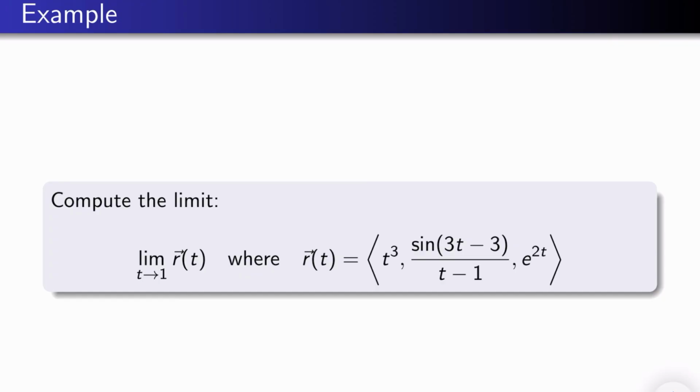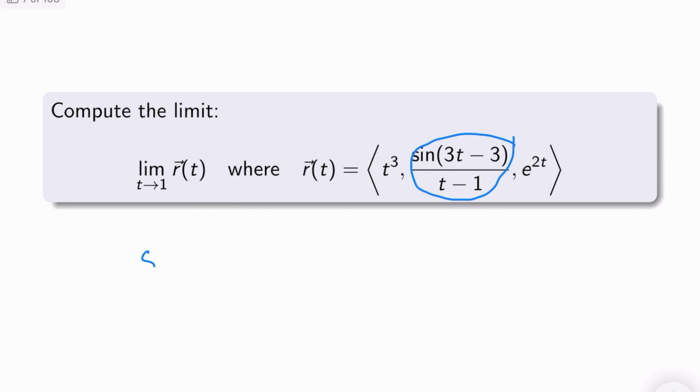With our second example, we have to compute the limit of the given function below. Here let's take a look at the j component. When you substitute in t equals 1, we are going to have sine of 0 divided by 0, and sine of 0 is 0, so that's 0 divided by 0, and that's indeterminate, right?